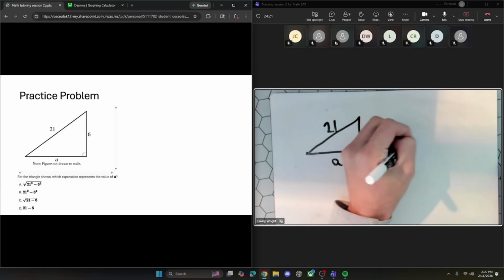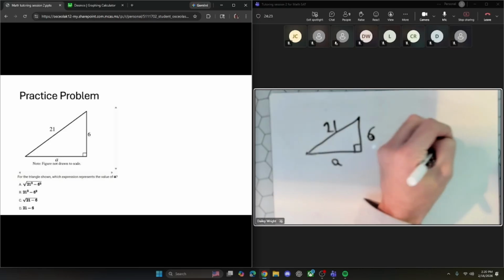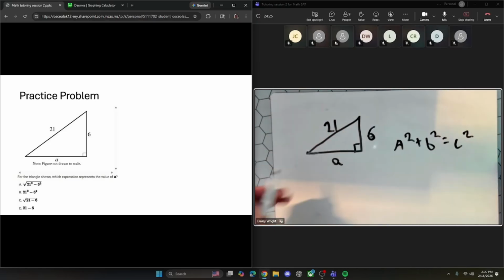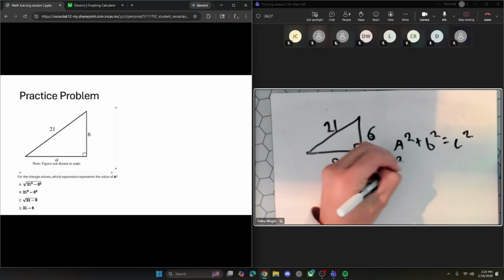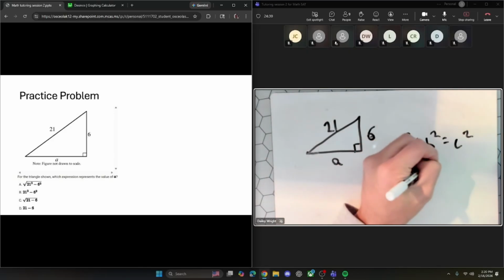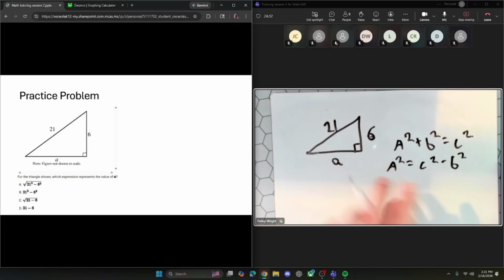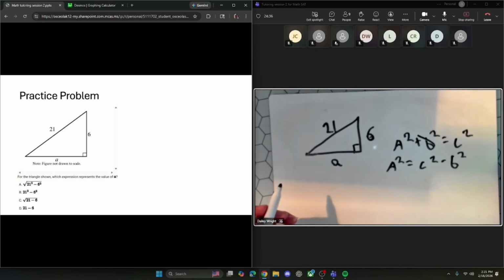So A squared plus B squared equals C squared. You're trying to find A, so A squared equals C squared minus B squared. What I did in this last part is I subtracted over the B squared to cancel it off of this side.